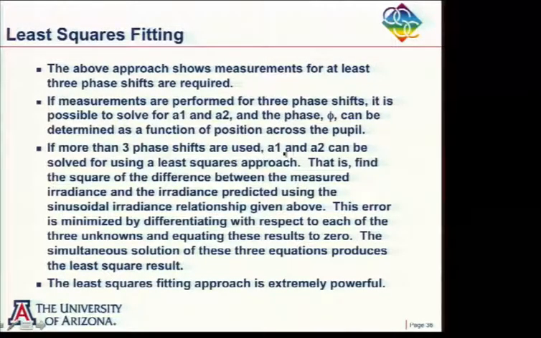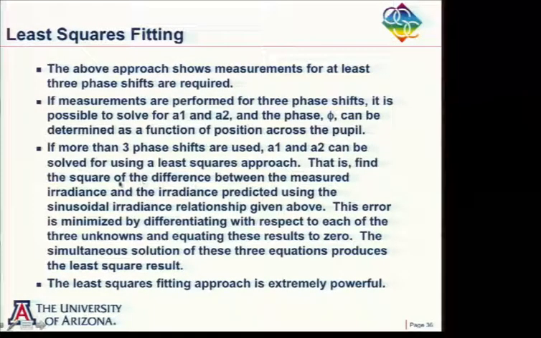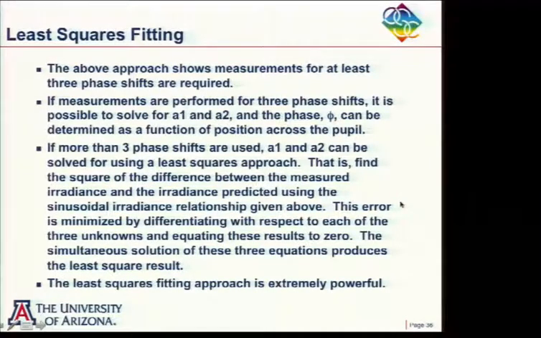What if we have more than 3 phase shifts? Well, then we can solve for A1 and A2 using the least squares approach. And all of you have done things using least squares, but let's just repeat how we would do that. Remember, in least squares fitting, you find the square of the difference between the measured irradiance and the irradiance calculated using the above expression we had here.